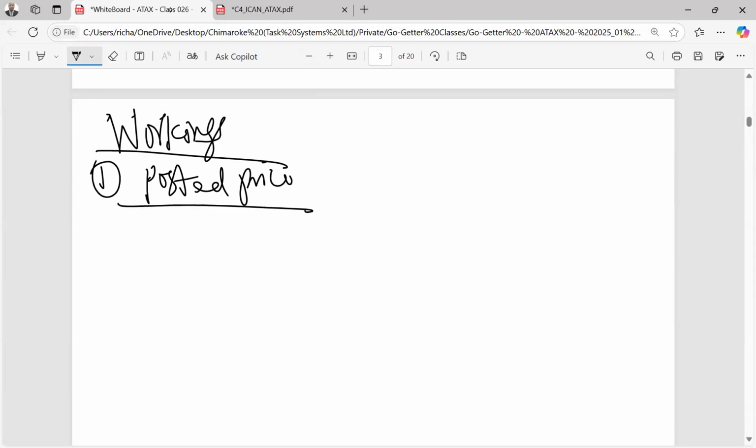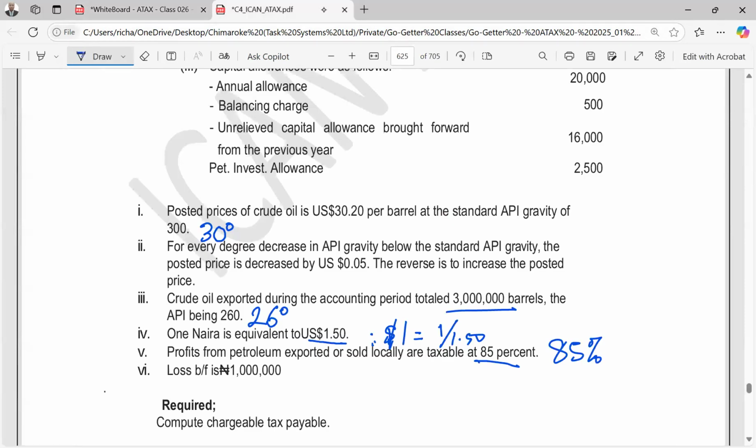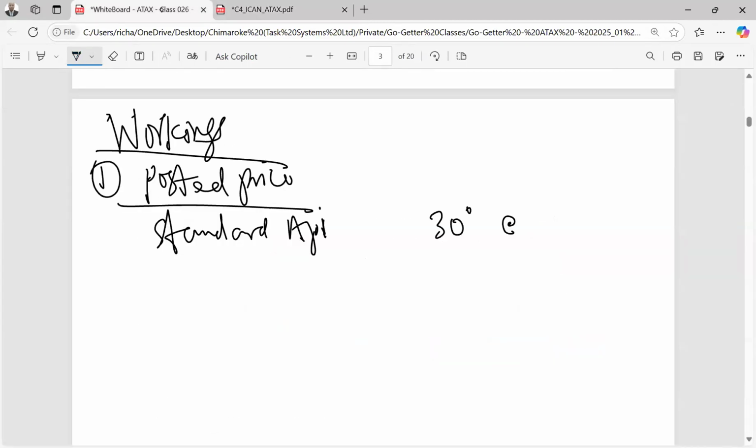Now, standard API is $30 at 30.20. $30.20.